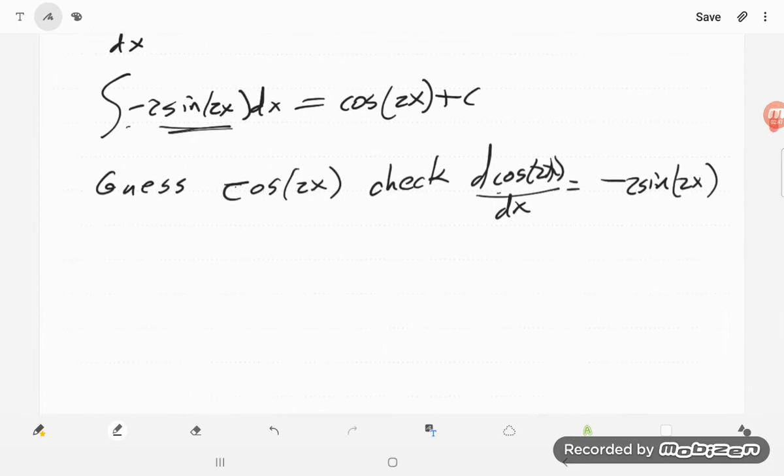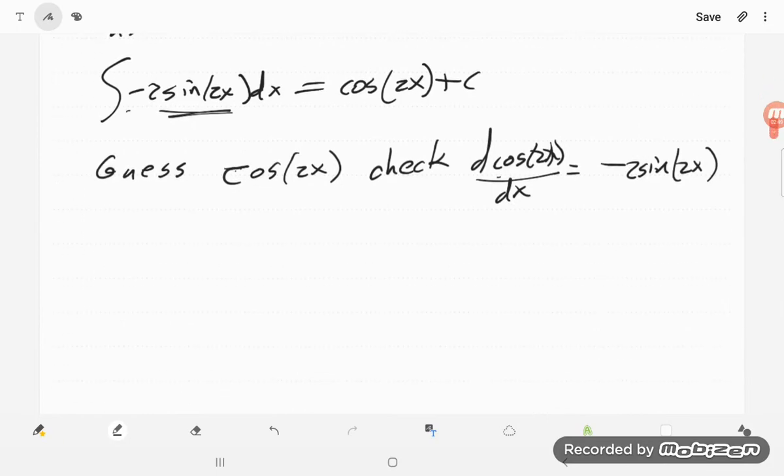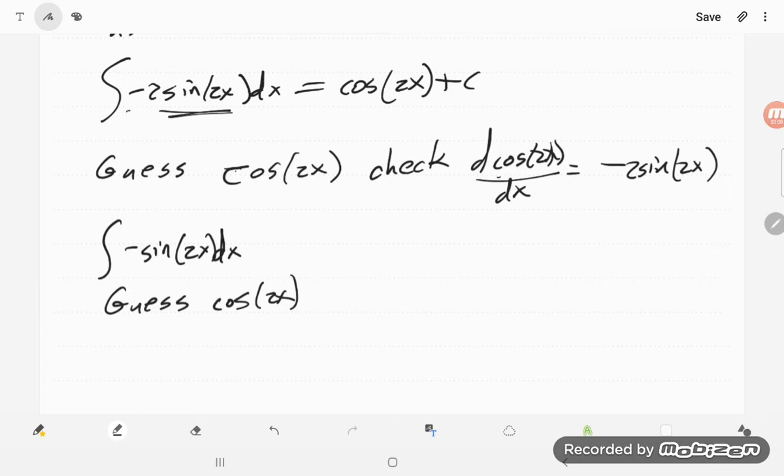Now, though, suppose it is this antiderivative, minus sine of 2x dx. Well, again, I'd probably guess the cosine of 2x. Now I'll have to add a plus c when I get done, but that's what I would guess.